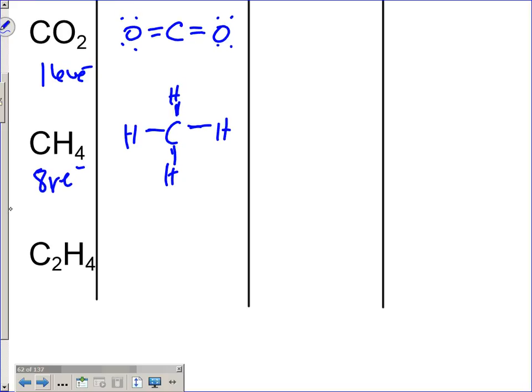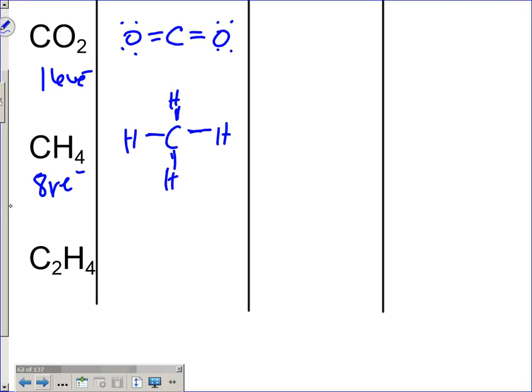Say again? Ethene. C2, right? Ethene. So 12 electrons. How'd you guys draw this one? C double bonded to C. Thank you.